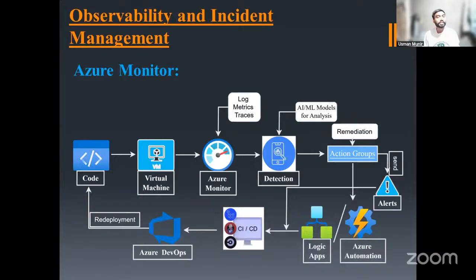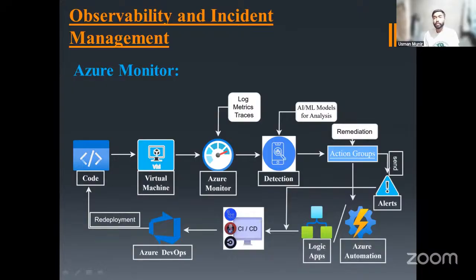The next is Azure Monitor. In observability and incident management, Azure Monitor is an Azure service that we use in SysOps for monitoring purposes. Azure Monitor uses AI-powered capabilities to detect anomalies in application performance, system metrics, and logs.